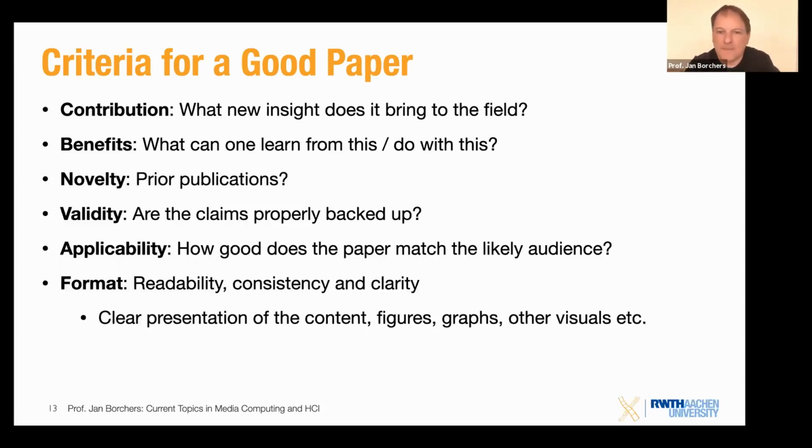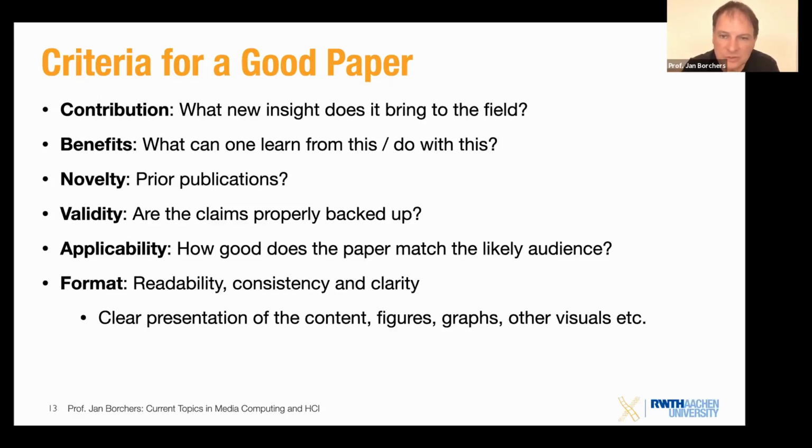And then finally, clarity. You want what the author is trying to communicate to be presented as clearly as possible and with great care given to the written presentation, the diagrams in there, the figures and graphs, any other visuals, but mostly, especially the text.